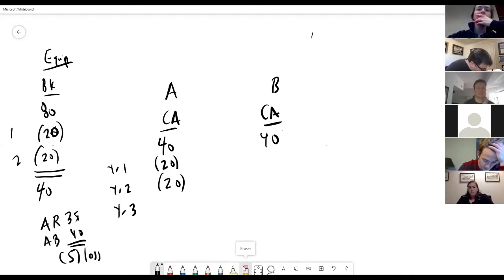Under the agreement, everything other than depreciation is allocated 50-50. So losses on the sale of property are not specially allocated all to A, it's just 50-50. So in the agreement, we would allocate it 2.5 and 2.5.